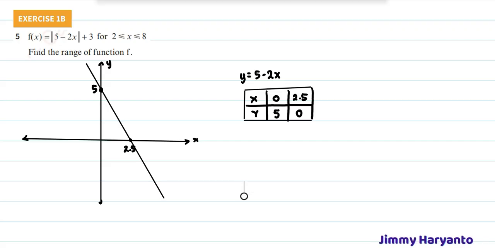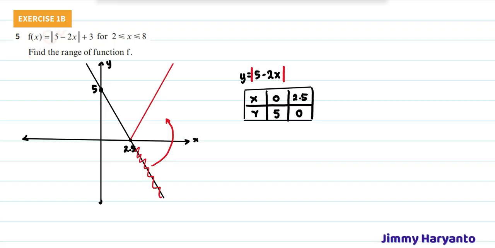It's a straight line. And then after that we have to graph the absolute or modulus function of 5 minus 2x. That means you have to reflect this part to the x-axis. That means it will become like this.